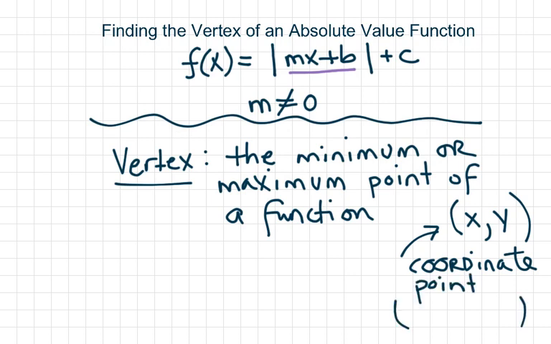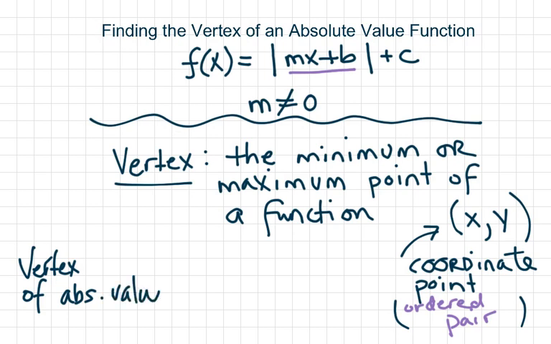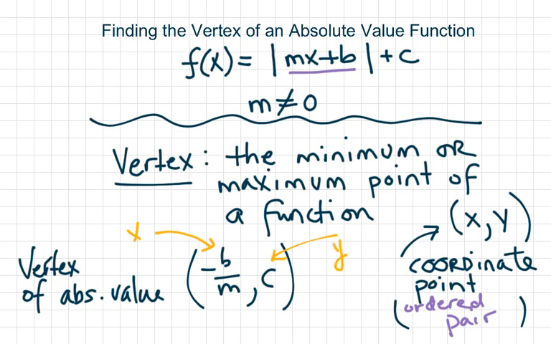It's also called an ordered pair. So the equation for the vertex of the absolute value function is negative b over m, comma c. So the x value is the x part of the coordinate, and the c is going to be the y part of your coordinate.